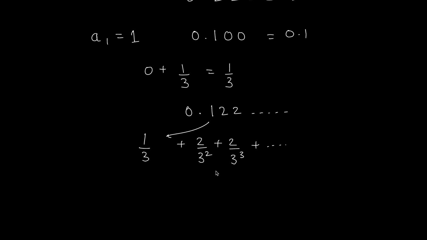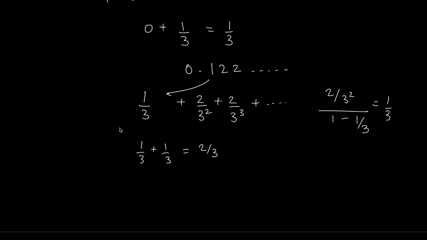This is a GP whose total sum is first term by 1 minus common ratio. This is 2 by 3, so effectively this whole term is 1 by 3. So we get 1 by 3 plus 1 by 3, which is 2 by 3.